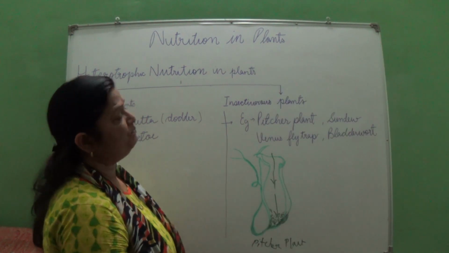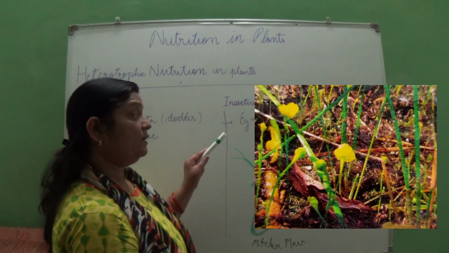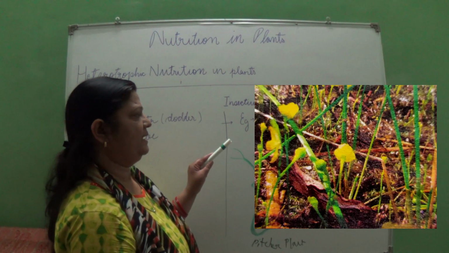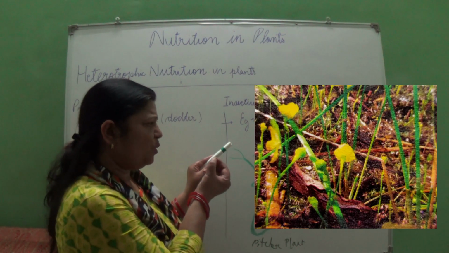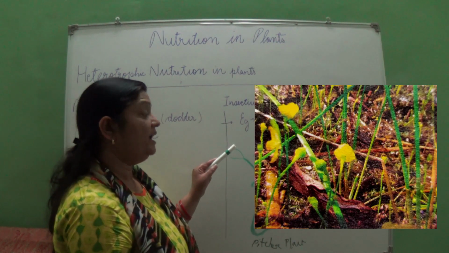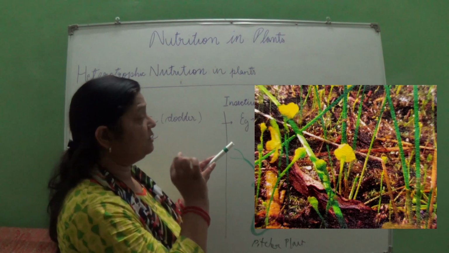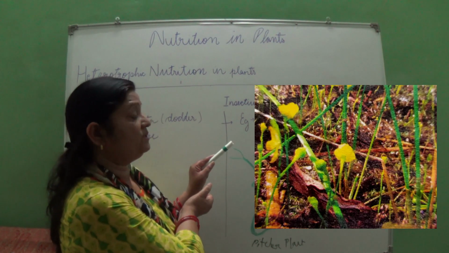Now you can see the next picture, that of bladderwort. Here you can see small bladder-like structures on the plant. These bladder-like structures trap tiny insects inside them, and the covering has small doors, and once the insects enter these doors, what happens?